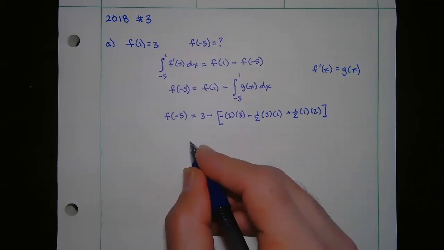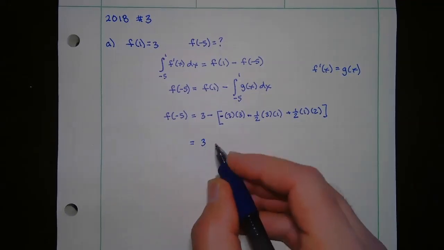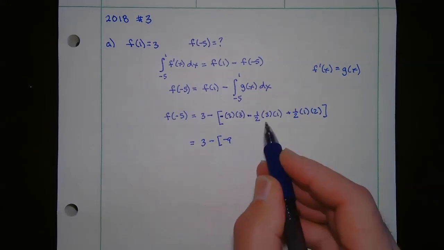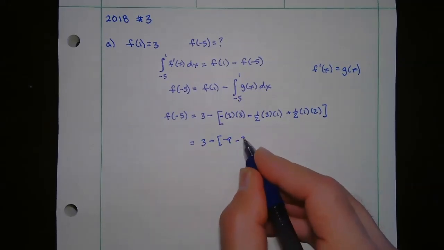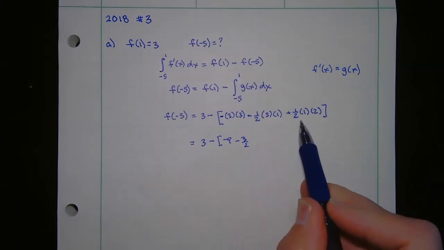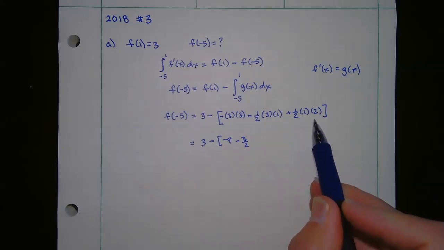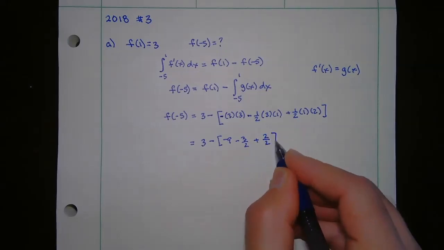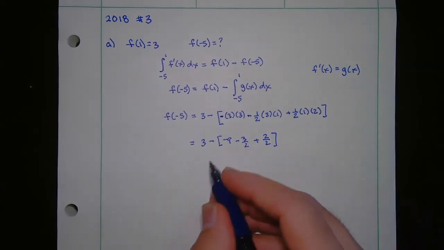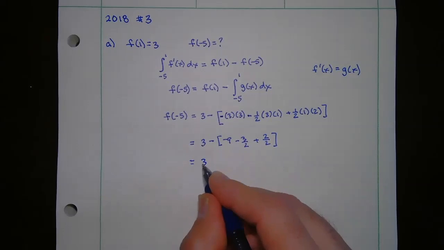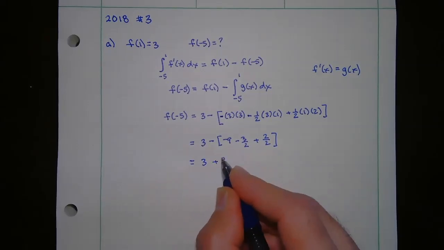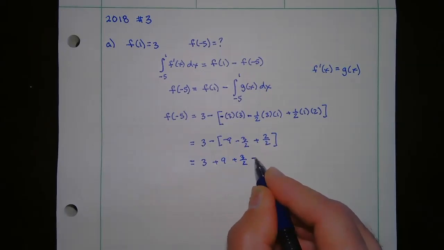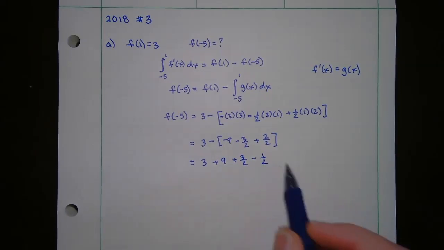So this becomes 3, and then minus, and this is -9, and this is minus 3/2, and then this would be plus 2/2. So this becomes 3 plus 9 plus 3/2 minus 1/2. And you have a numeric answer here.